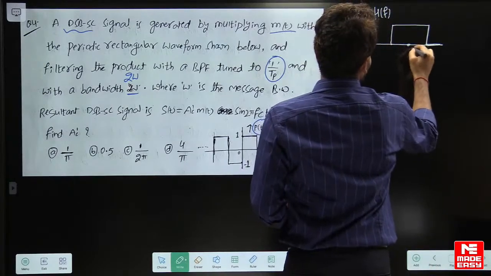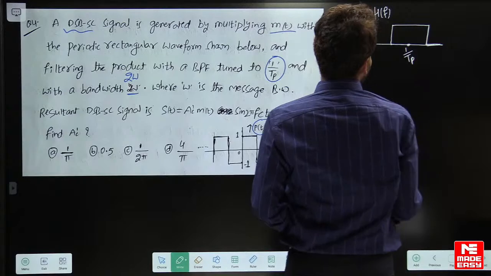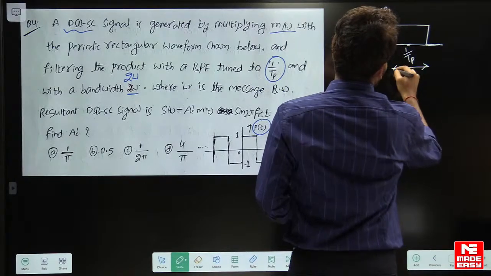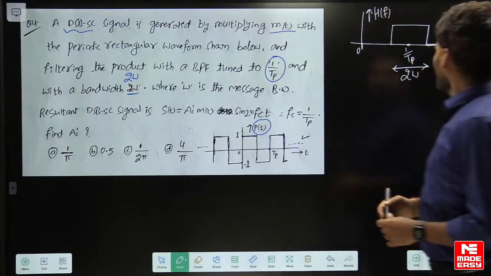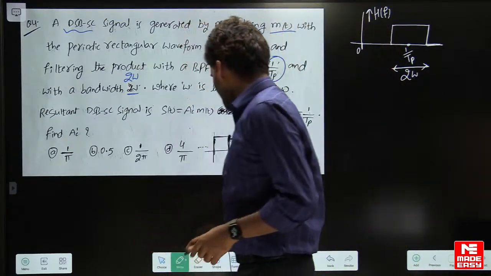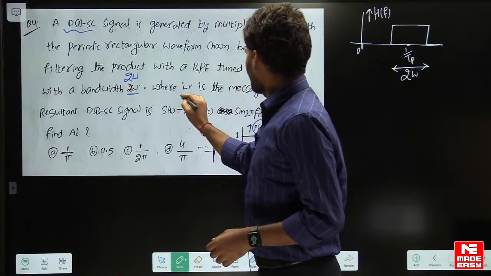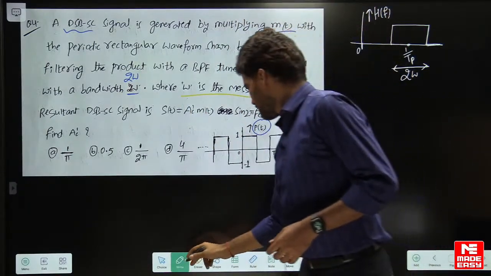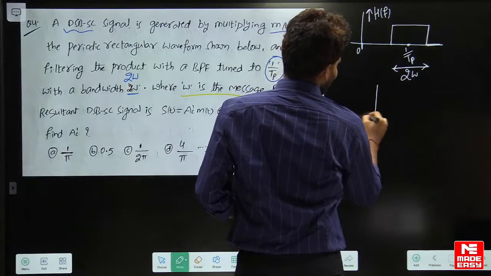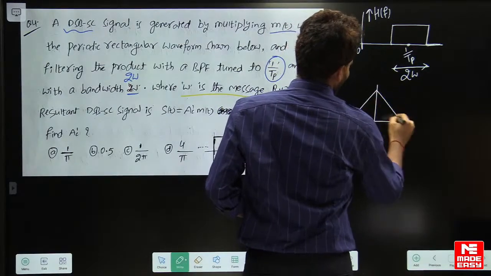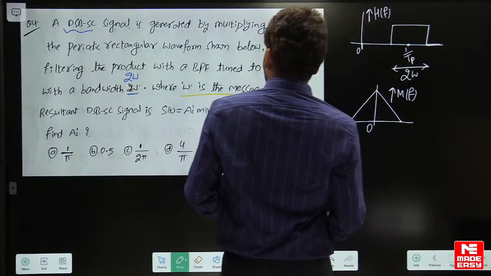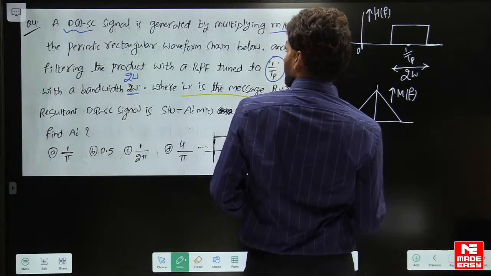It is tuned to 1 by Tp, so it is centered about 1 by Tp and has a bandwidth of 2 omega, where omega is the message bandwidth. So let me take the message spectrum like this. The default message spectrum you can take like this, MF. The message bandwidth is omega.